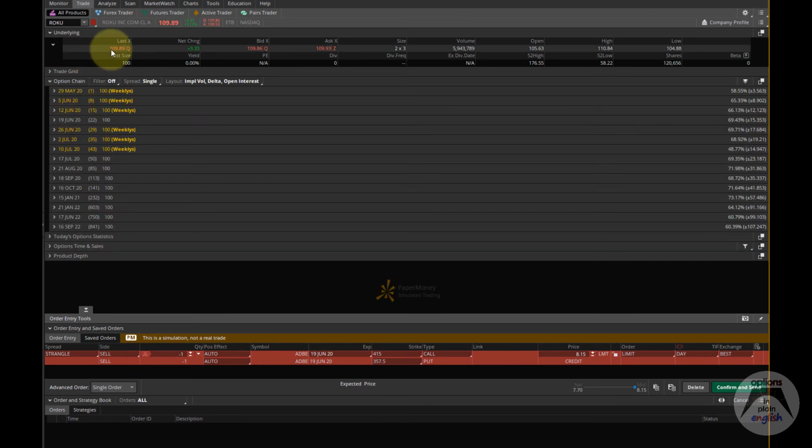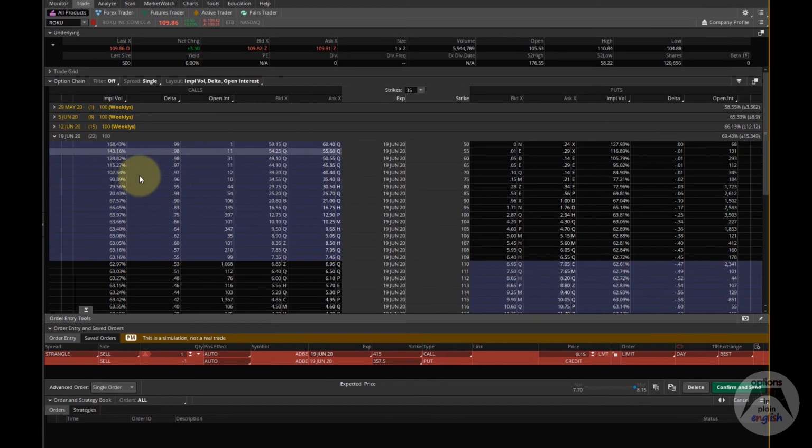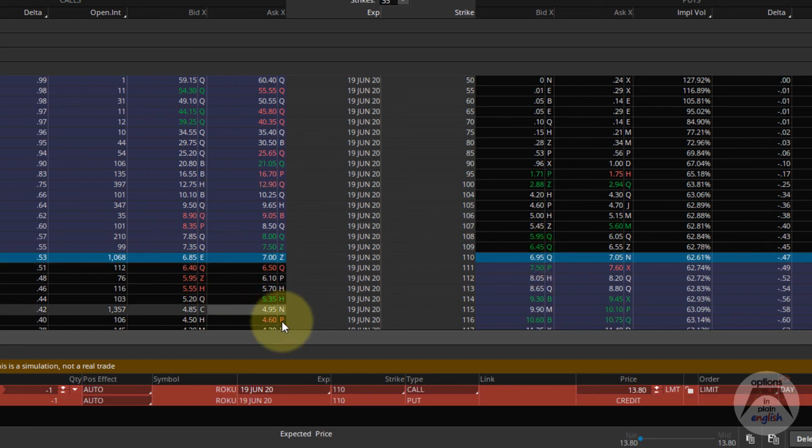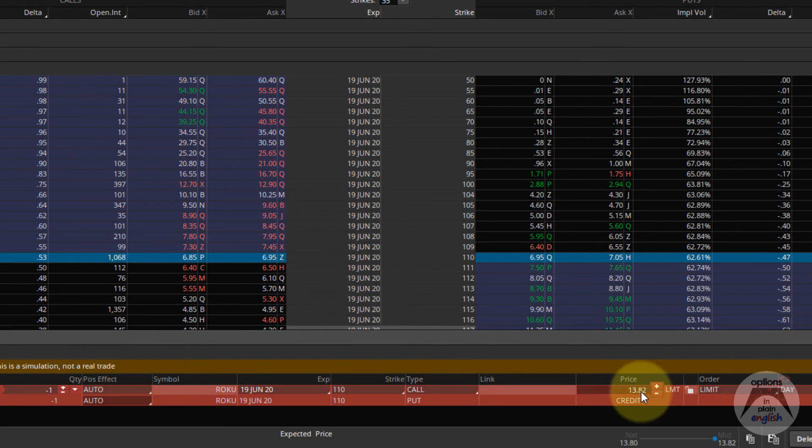Roku is trading at $109.89, so 110 is very close. I'm going to open up June, 109, 110. I'm going to get the 110 at the money. So this is the at the money straddle, and the at the money straddle for Roku is trading at $13.80.